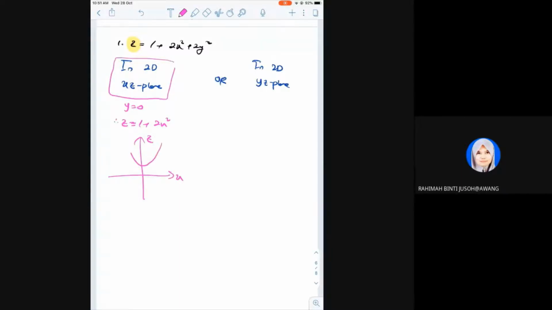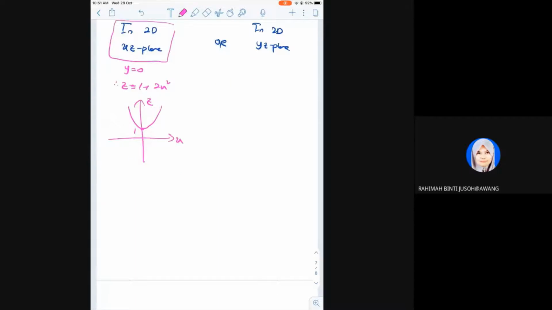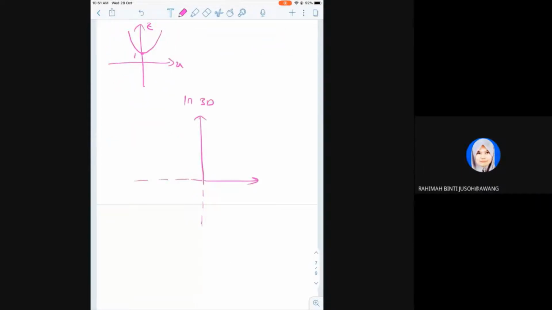And then right here should be 1. Am I right? So when you see this shape, oh, it is a parabola facing the positive z axis. Automatically you can sketch the graph in 3D straight away. So no need for you to plot the graph in 2D for the YZ plane.